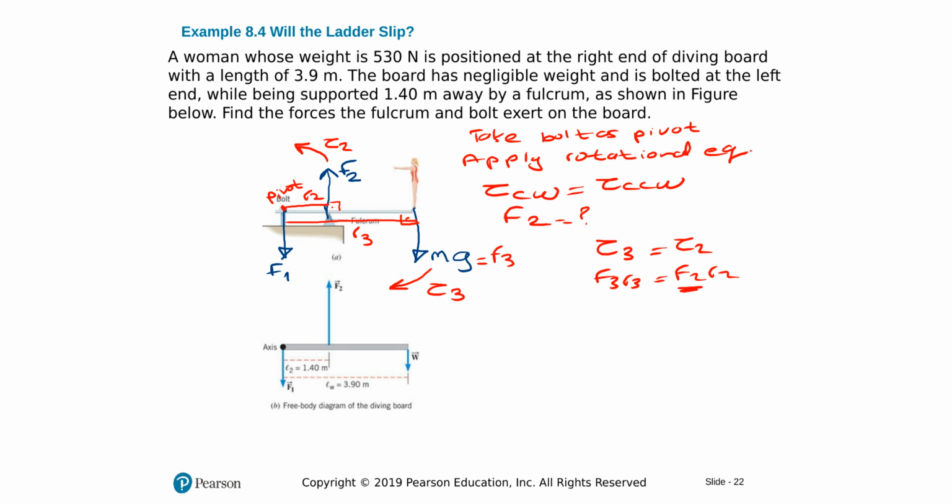The question is also asking you to find the force applied by the bolt. Then you go for F net is equal to 0. First was tau net is equal to 0. This means no rotation. F net is equal to 0. Then you'll go as up forces cancel down forces.